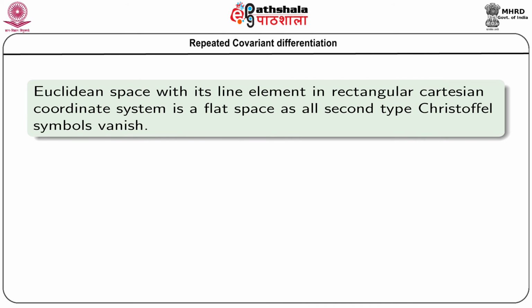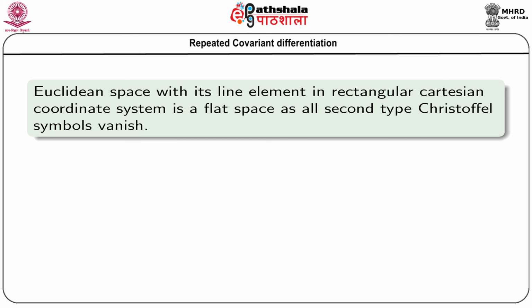Now, for Euclidean space with its line element in a rectangular Cartesian coordinate system, where ds square is given by dx1 square plus dx2 square plus dot dot dot dxn square, all g_ij's are 1 for i equal to j, and for i not equal to j all g_ij's are 0, and in that case all Christoffel symbols vanish.